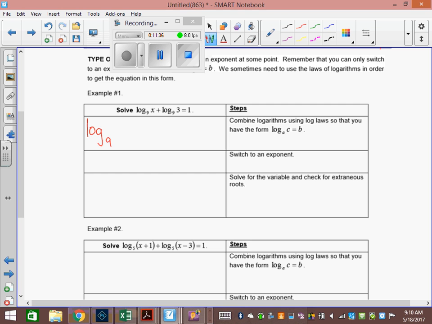This one's a plus 1 in front, so it stays on the top. This one's a plus 1 in front, so it stays on the top. What do we do with those two things? Multiply. Equals 1. So now we have log base 9 of 3x equals 1.